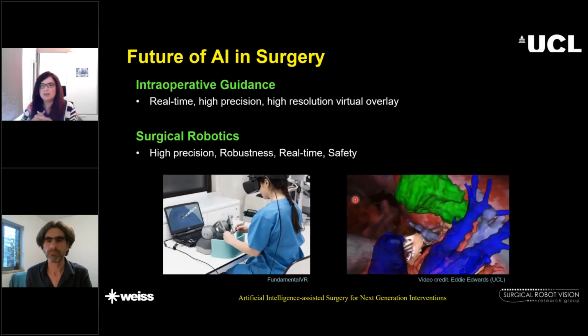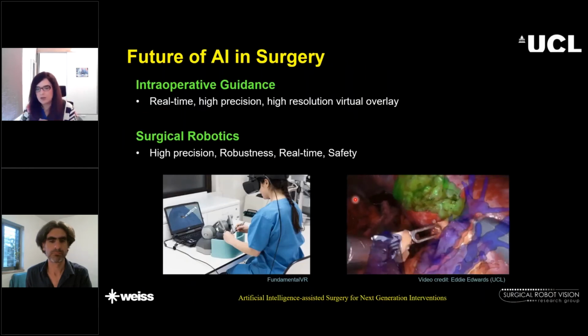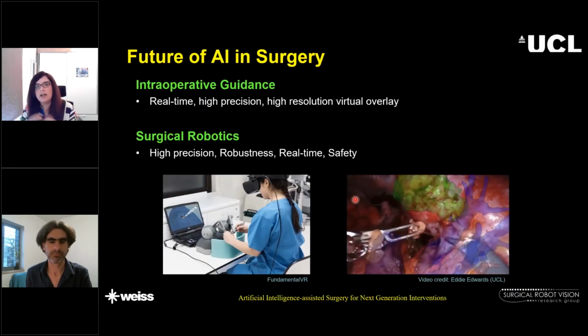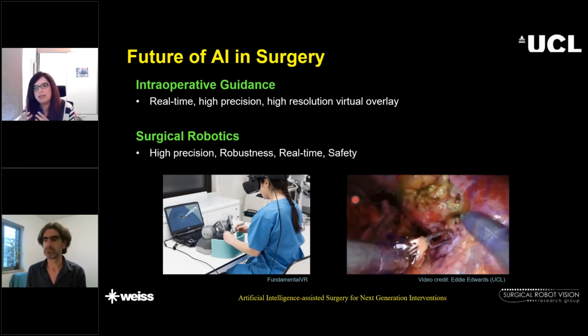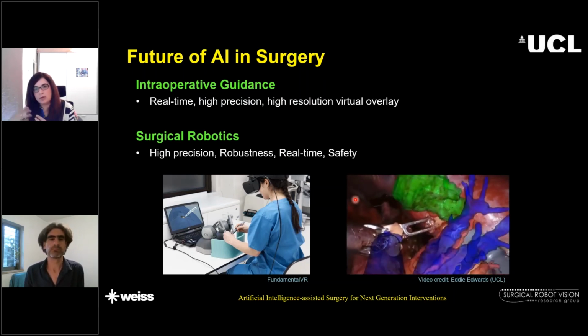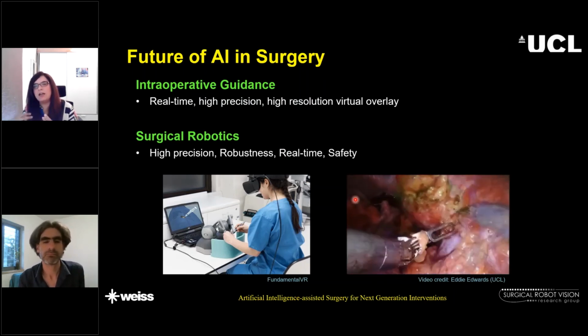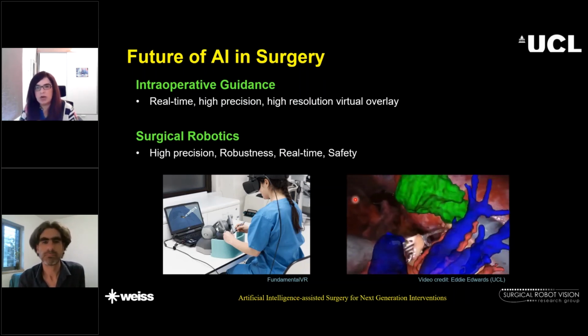To sum up, I presented quite a range of techniques from the AI side for surgery, where these techniques are driving us towards having context awareness in the OR.